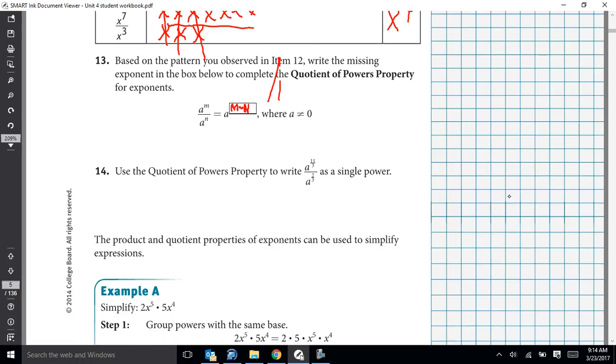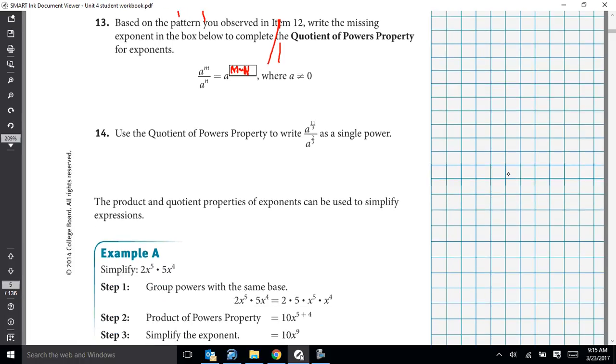All right, so number 14, use the quotient of powers property to write a to the 11 thirds divided by a to the 2 thirds as a single power. So what are we doing here? Kayla says we're subtracting our exponents. So how would we write that? What's my base? All right, and what's my first exponent?